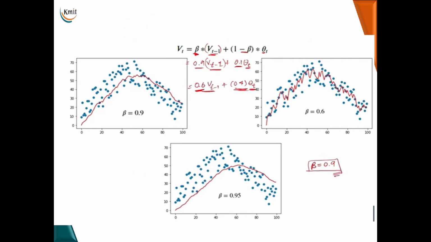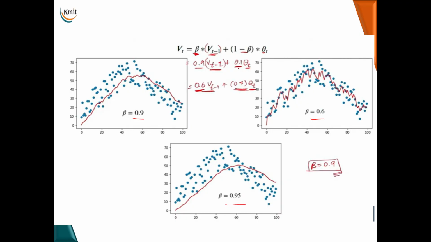Now, why do we take 0.9? You can see here that this is for 0.9, this is 0.6 and this is 0.95. Comparing all three, the better result is found with beta equal to 0.9. So when beta is 0.9, Vt is 0.9 into Vt minus 1 plus 0.1 into theta t.